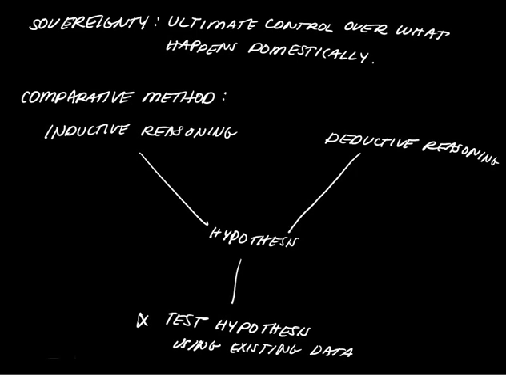This is the third step and the most important step for the comparative method. It's actually what makes the comparative method the comparative method. So we'll just say this is step number 3. Hypothesis formation is step number 2. And starting with either inductive reasoning or deductive reasoning would be step number 1.